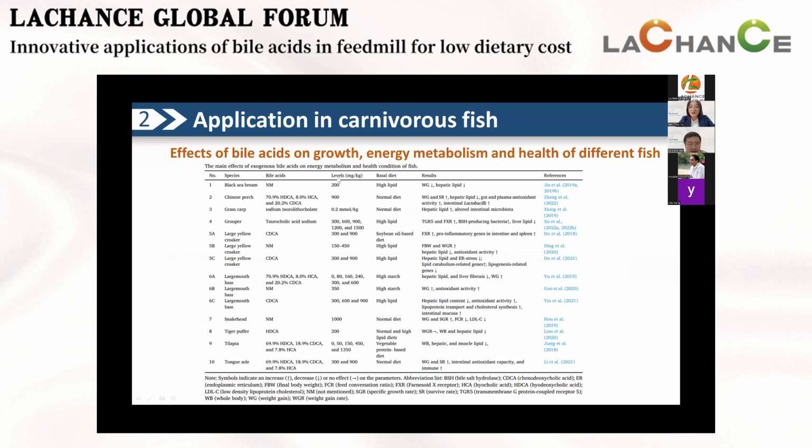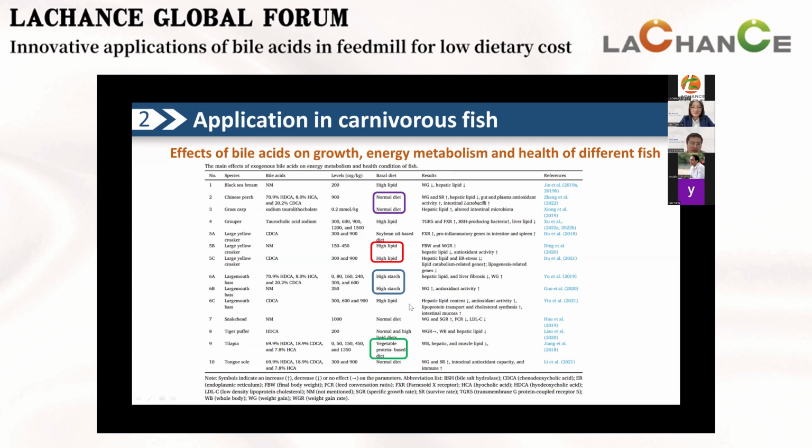And here is the suitable level of bile acids. In some research, the bile acids are supplemented in the normal diet, in some research in the high-lipid diet, and some in the high-starch diet.